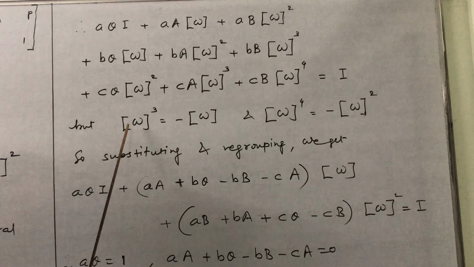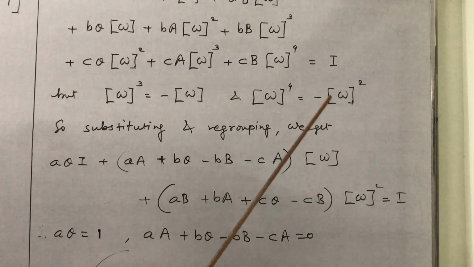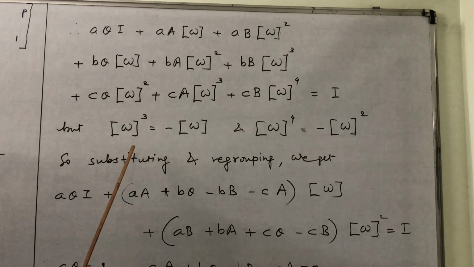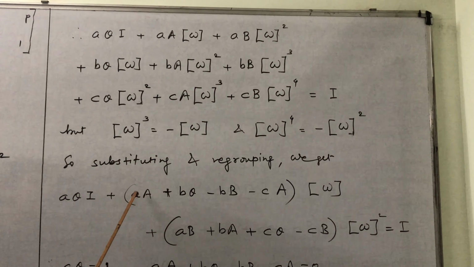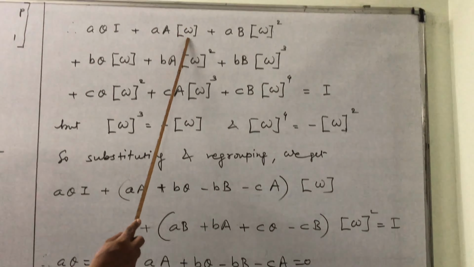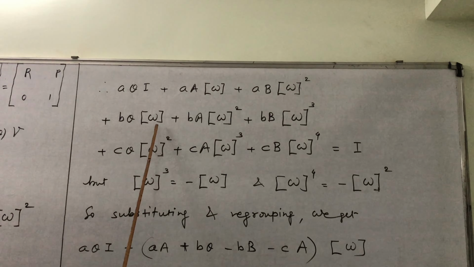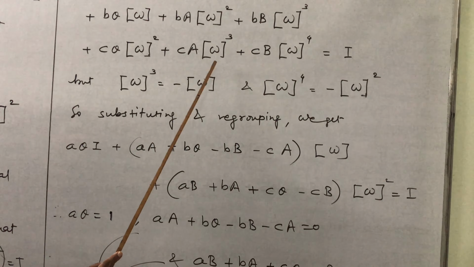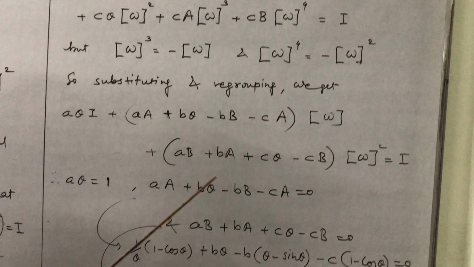But we know that omega cube is minus omega and omega raised to 4 is minus omega square. So if we replace here, substituting these and regrouping the terms, a theta I plus (aA plus b theta minus bB minus cA) omega. aA omega; b B omega cube is minus b B omega; b theta omega; and c A omega cube is also minus omega, so minus c A into omega.